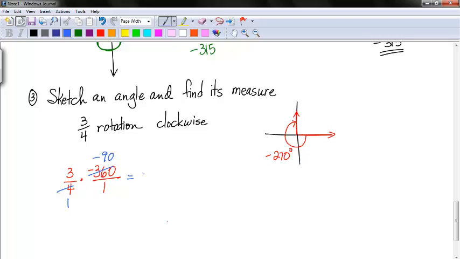Then multiply across on top and multiply across on the bottom. So you can do it algebraically, or you can do it by the sketch. Any questions on that? If you're going counterclockwise, it's positive 360. Clockwise, it's a negative 360 for a full rotation.